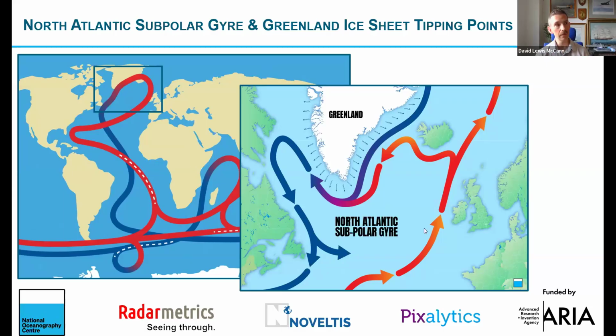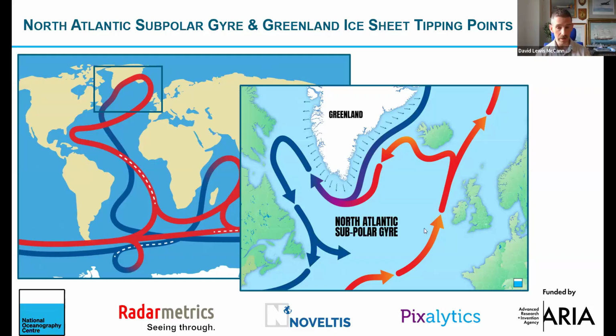And it's a really vital region for the overturning engine that drives not just northern hemisphere climate, but global climate as well. So up here we have the cold fresh water from the Arctic flowing down the east coast of Greenland. This is mixing with the warm salty water of the North Atlantic in the subpolar gyre, and this forms our deep water that drives the overturning circulation.